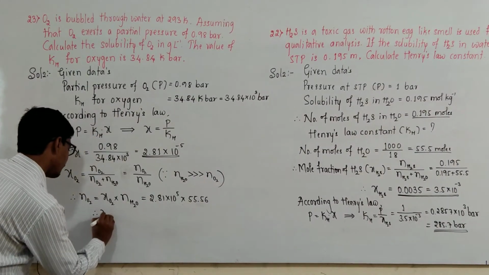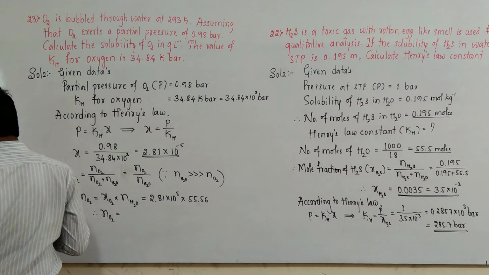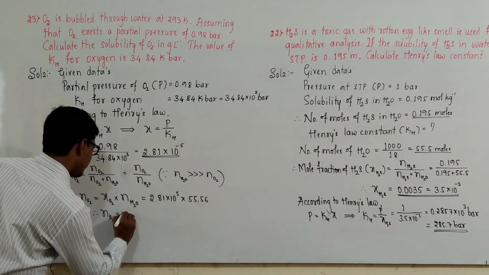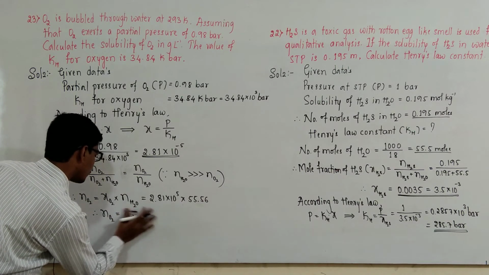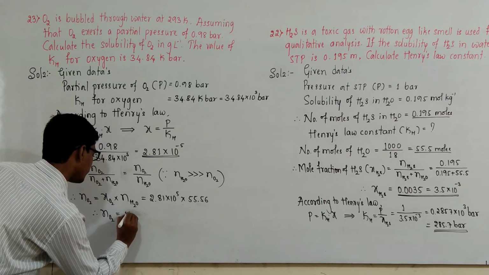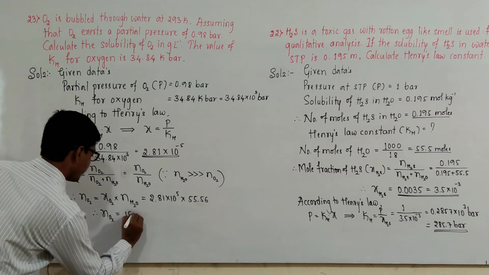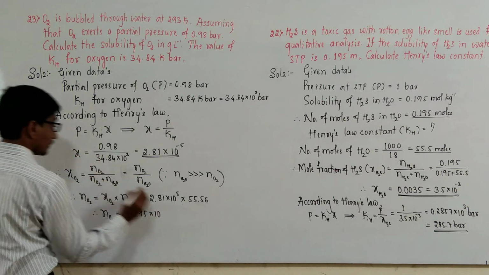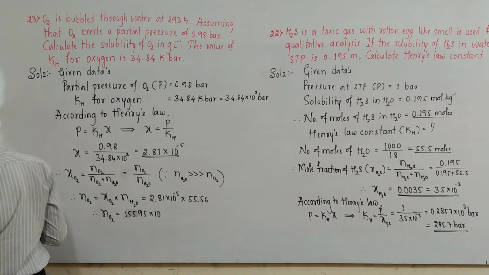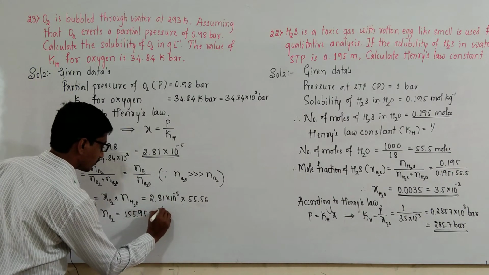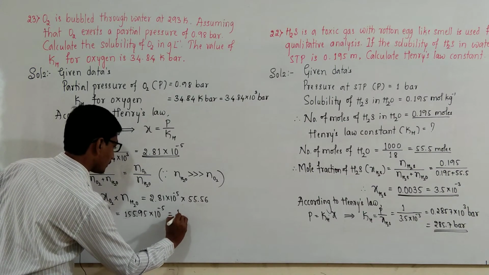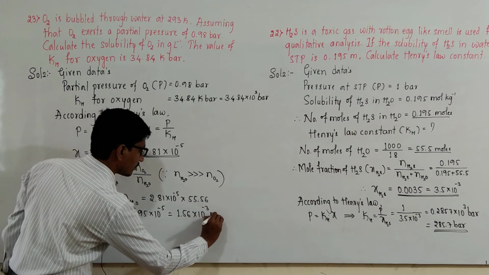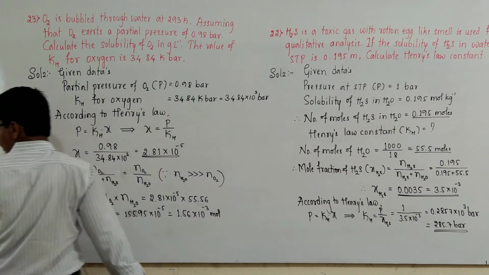Multiplying the two, NO2 is equal to 155.95 into 10 raised to minus 5, this is equal to 1.56 into 10 raised to minus 3 moles per liter.